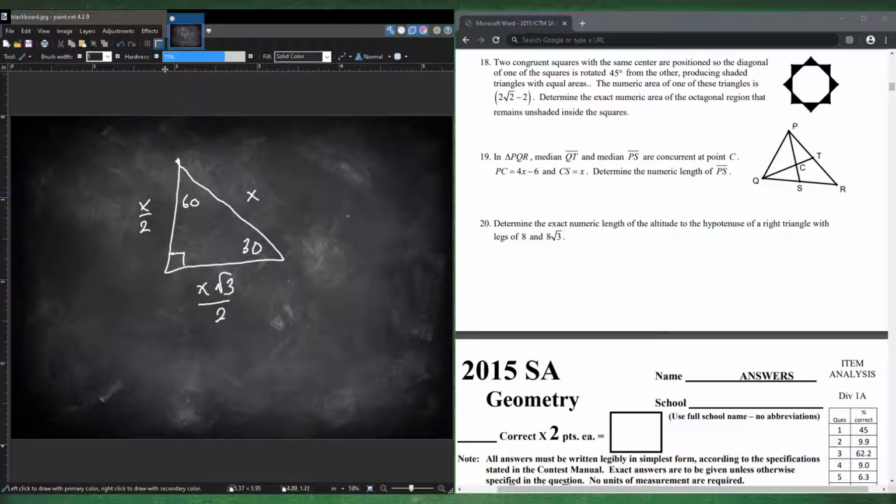And then the area for this is x squared square root 3, divide by 4, and then divide by 2. So this would be your area, square root 3 over 8.